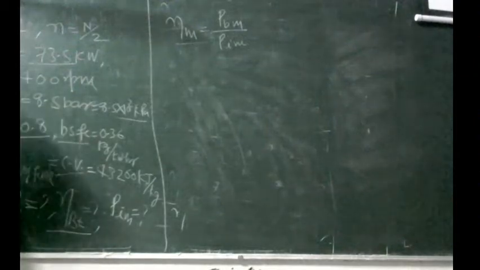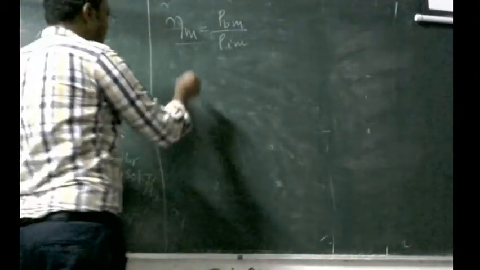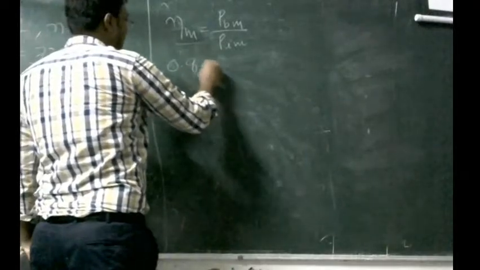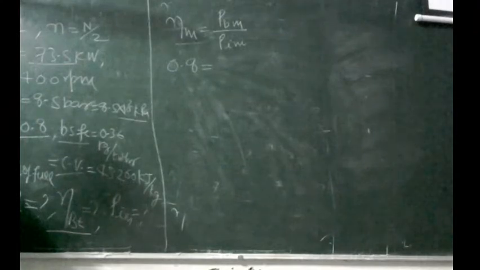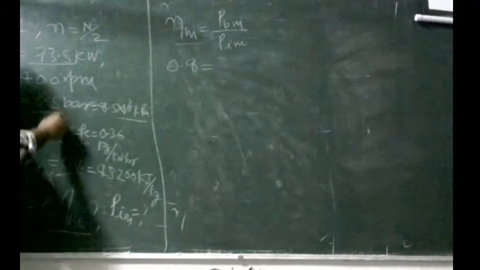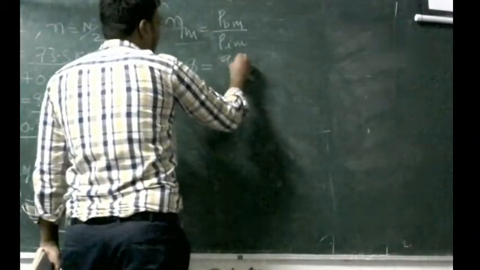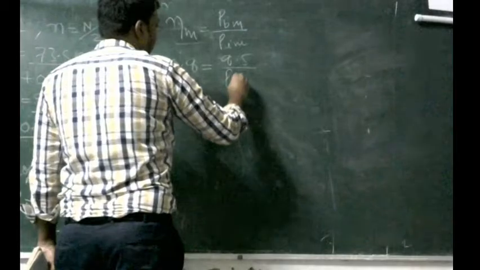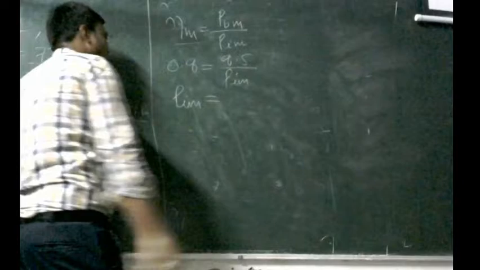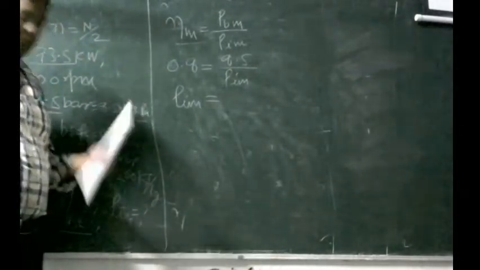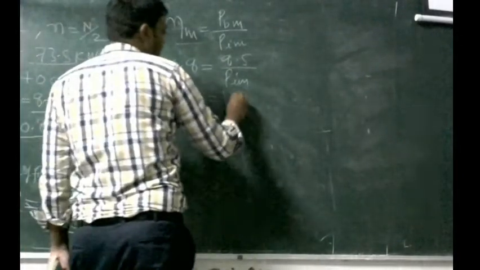So 0.8 equals brake mean effective pressure, which is given in the question as 8.5 bar, divided by indicated mean effective pressure. So from here we can find the indicated mean effective pressure, P IM, which will come equal to 10.60 bar.